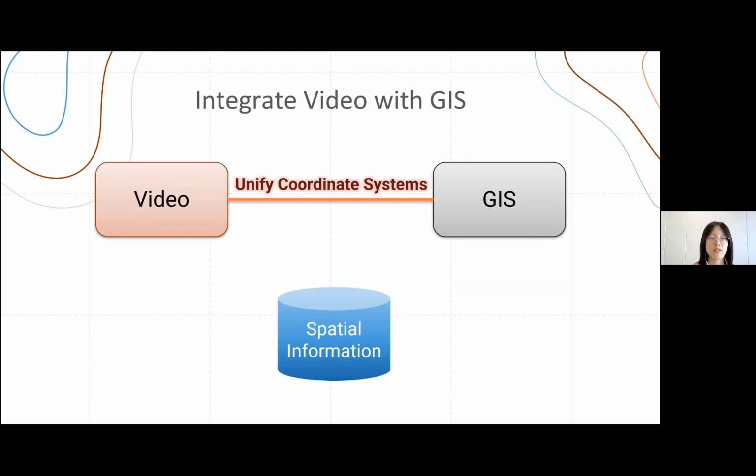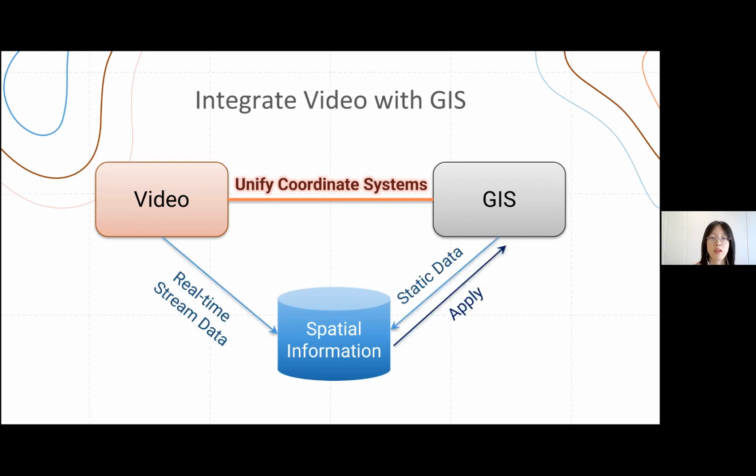After that, as we have assigned coordinate systems to our video file, we can use that video file to extract spatial information. Especially if we are using streaming video data, then we can get real-time spatial information from the video file.